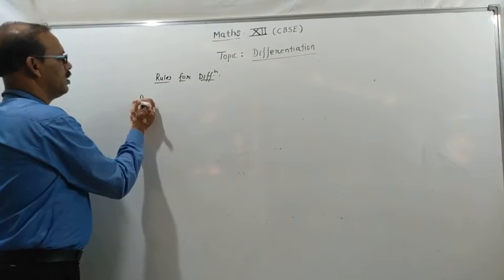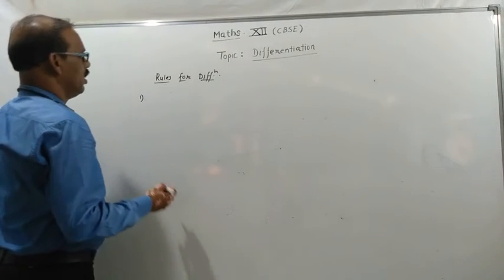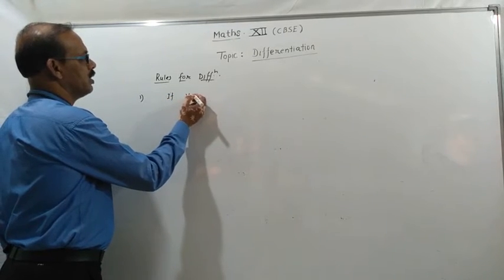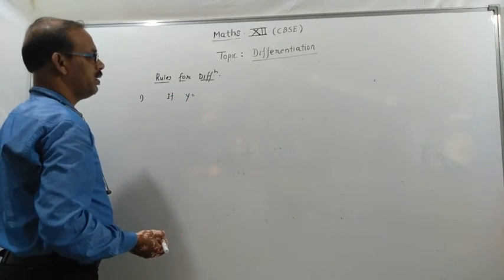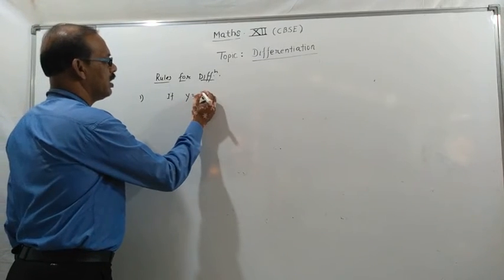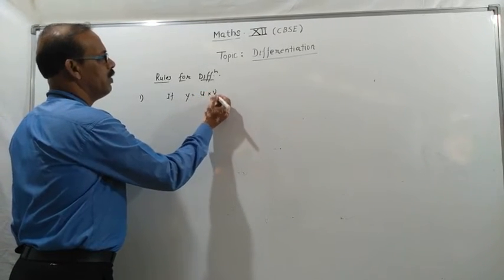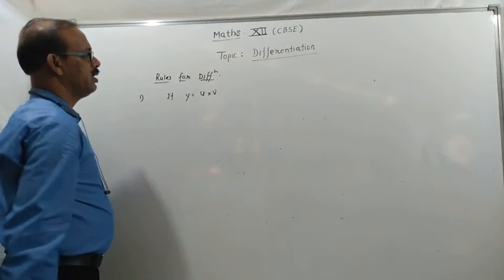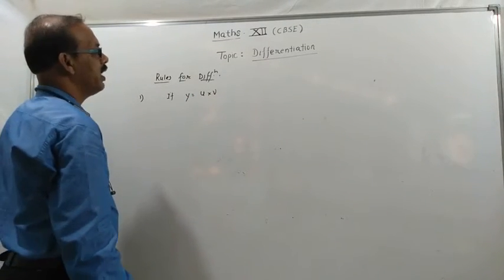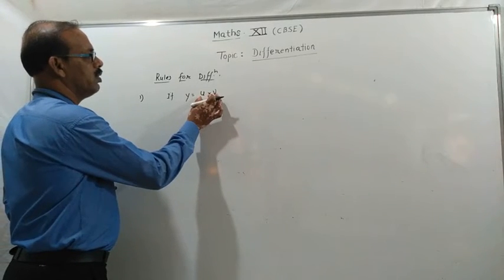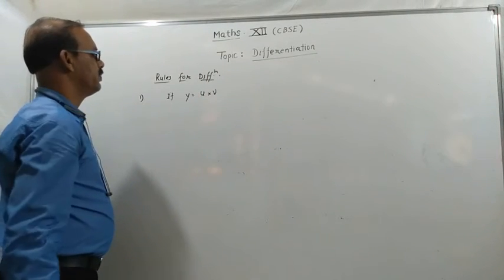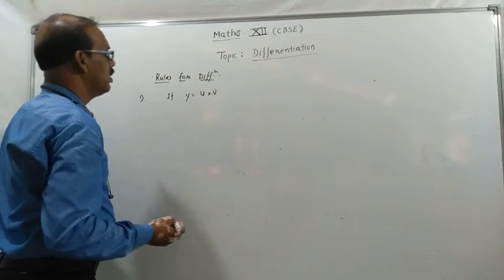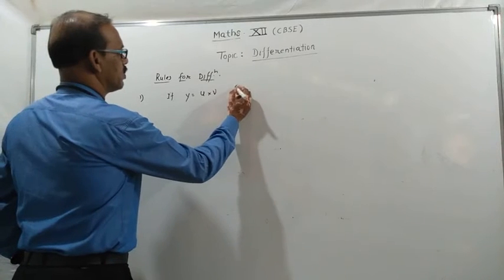Rule number 1. If the given function is represented by y and it is the product of two functions represented by u and v, and suppose we have to find the derivative of the product of two functions, this rule is called the product rule.